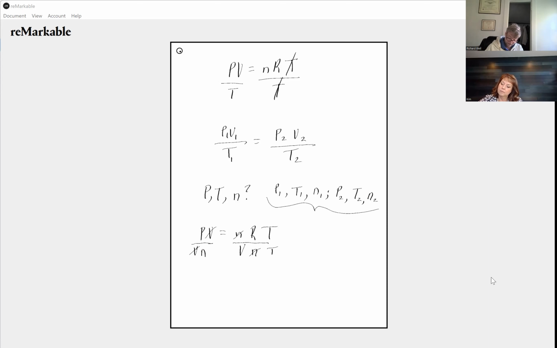And we need to move the temperature. So our relationship becomes this. Given a problem, you just plug in everything that you know. You solve for the one that you don't. So it's pretty straightforward.